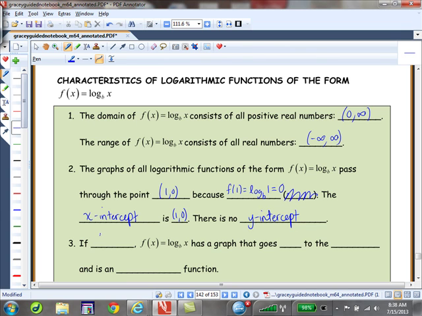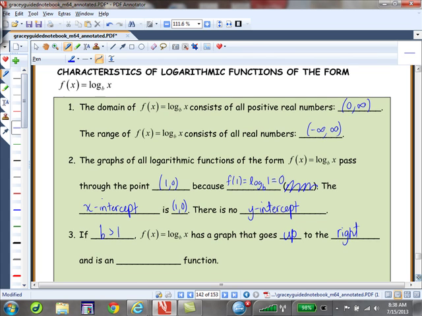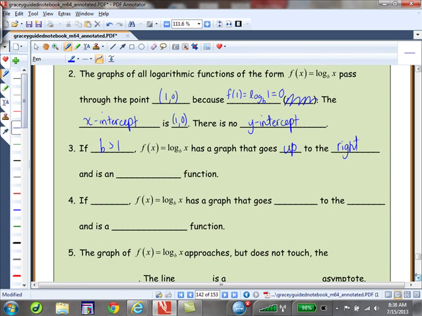If b is greater than 1, the graph is going to go up to the right and is an increasing function. If b is between 0 and 1, the graph is going to go down to the right and is a decreasing function.